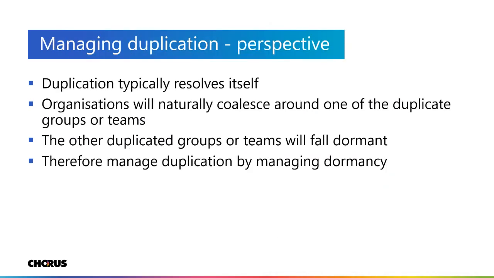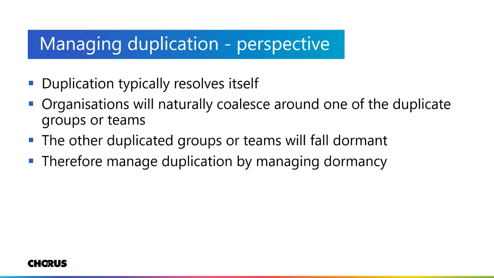I'd also like to offer a quick perspective on managing duplication. It's actually one of those things that people worry about, but it typically resolves itself. So what happens when lots of people create a team for the same reason? People will tend to coalesce around one of those duplicate groups or teams.